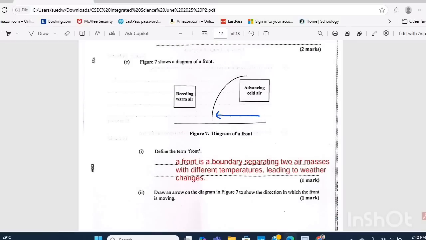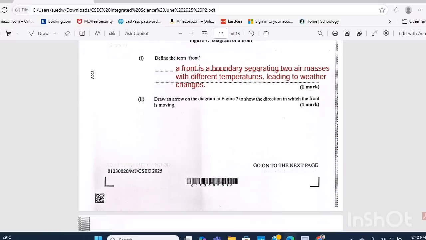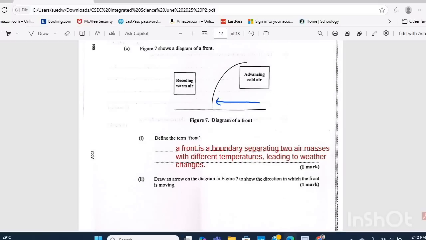It says draw an arrow on the diagram in figure 7 to show the direction in which the front is moving. Now, the arrow is here, right? And the arrow would show the direction in which the front is moving. It is moving towards the warm air, right?